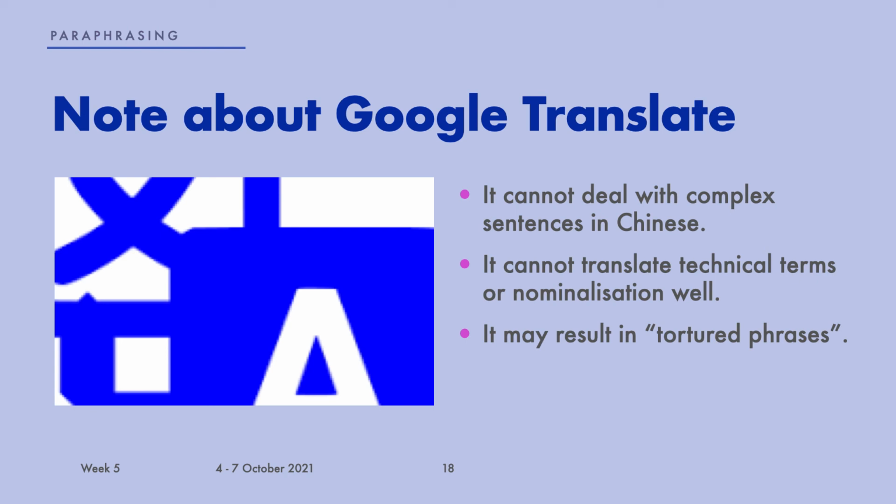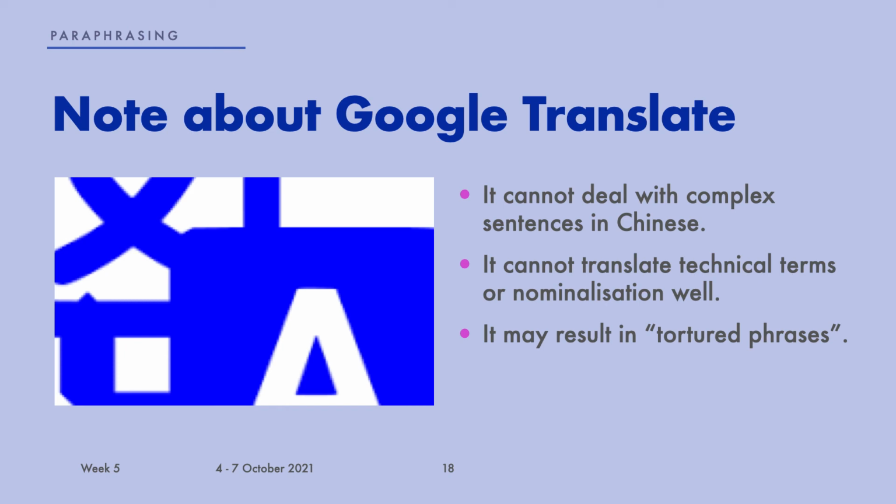So that means your language used in your mother tongue would naturally be complex. But I'm sorry, Google Translate cannot deal with complex sentences in your mother tongue when it translates some ideas. That means it cannot translate technical terms pretty well or nominalisation very well.